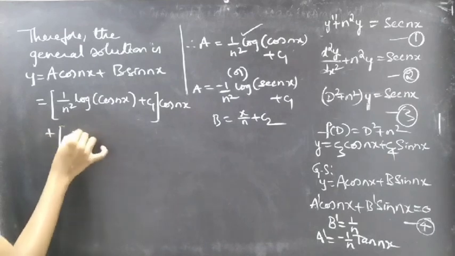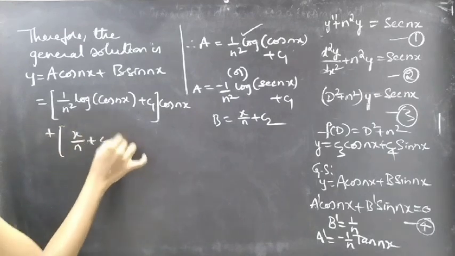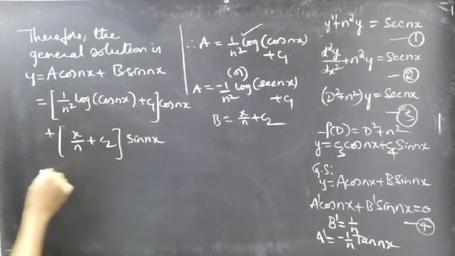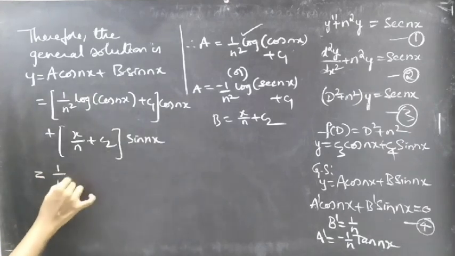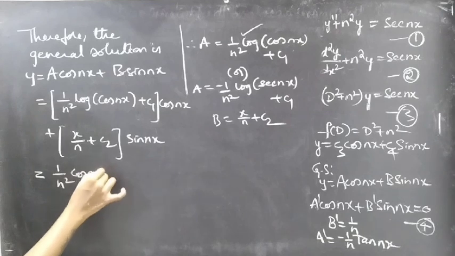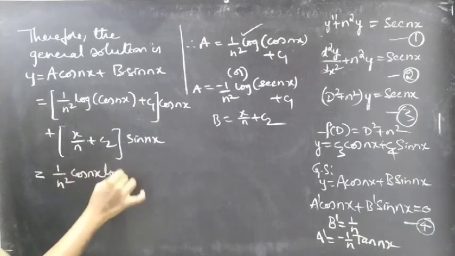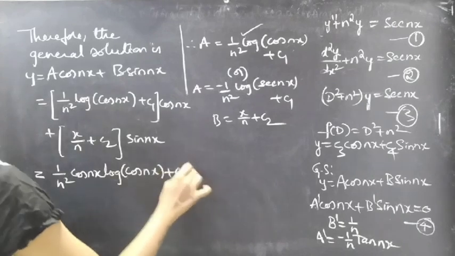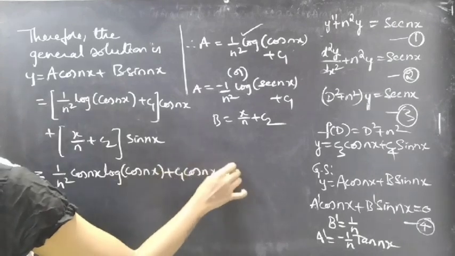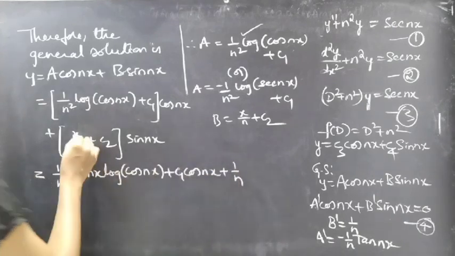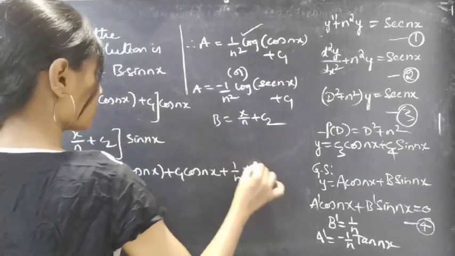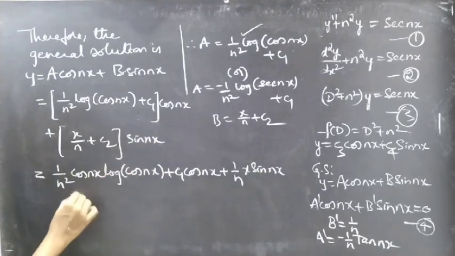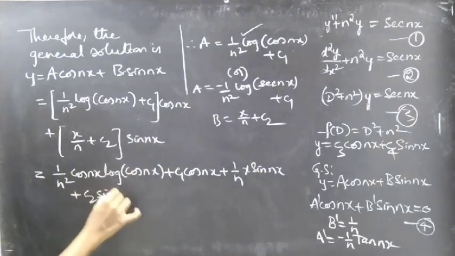plus b, x by n plus c2, into sin nx, which gives us 1 by n square cos nx into log of cos nx plus c1 cos nx plus 1 by n x sin nx plus c2 sin nx.